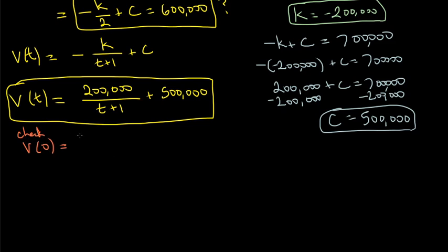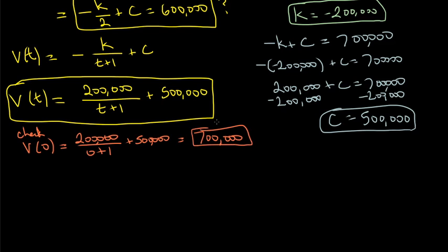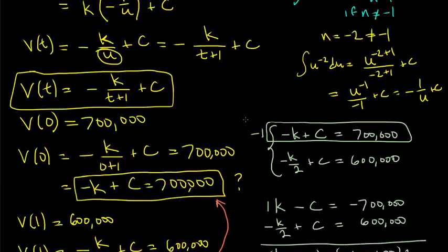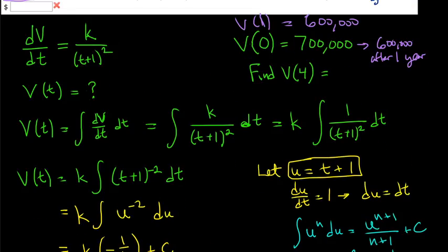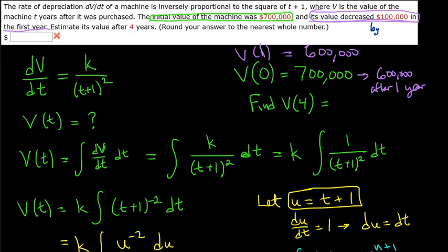If I replace t with 0, I get 200,000 divided by 0 plus 1 plus 500,000. So that's 200,000 plus 500,000, which is 700,000. And that is the initial value of the machine. That was given. So that works out.